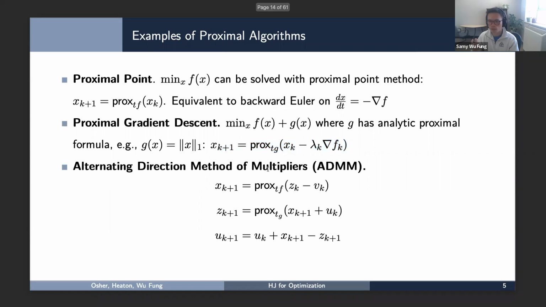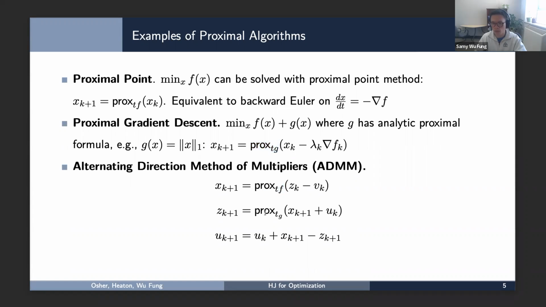Another example is the alternating direction method of multipliers, which can be written in terms of these proximals over here, followed by some sort of gradient ascent on the dual variable. I'm not going to get too much into this, but this slide is really to show that there are a lot of algorithms where these proximals appear in many places.